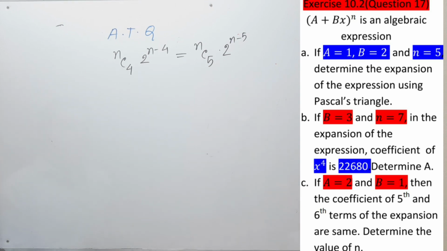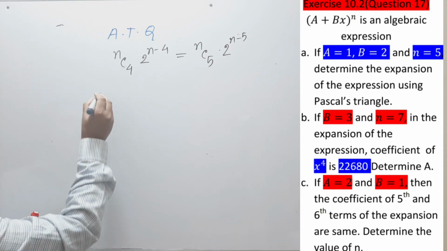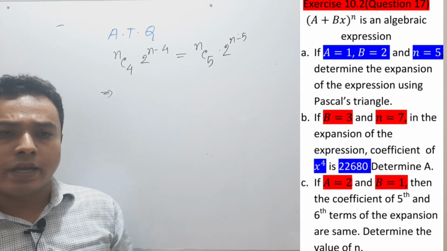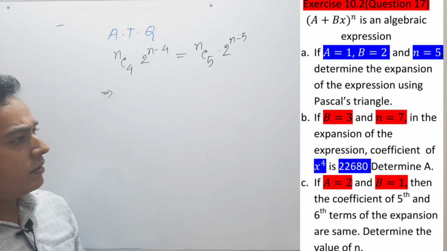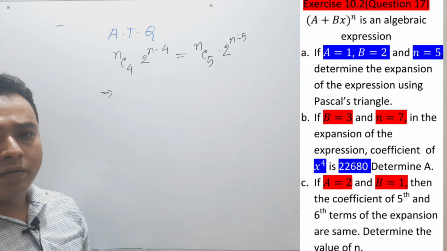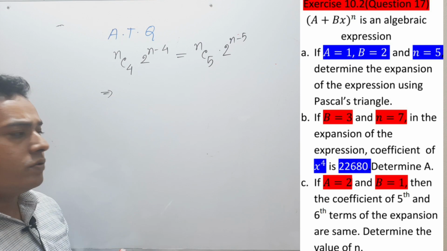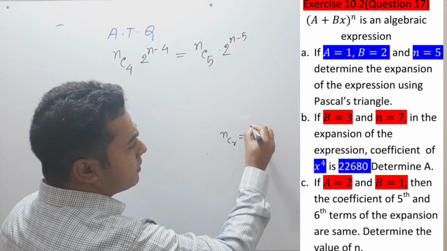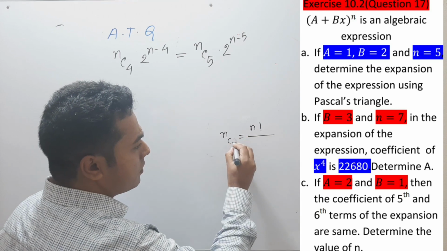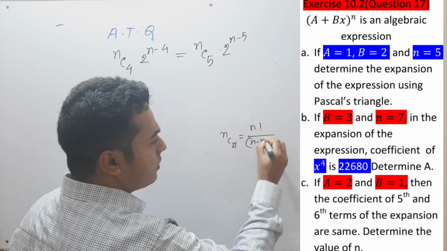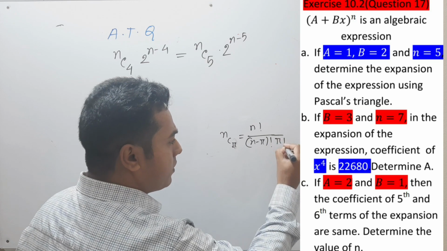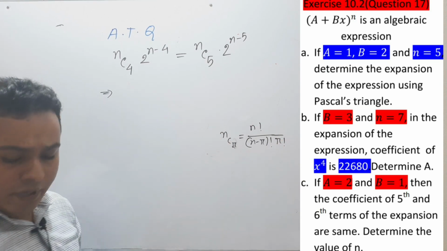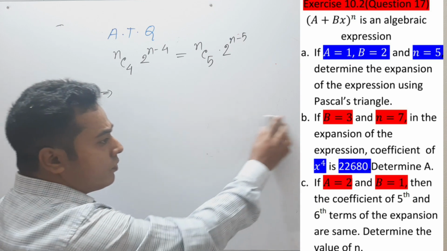Now how can we calculate nC4? Here nCr is equal to n factorial divided by (n minus r) factorial into r factorial. We can calculate this that way, but we can apply another technique.